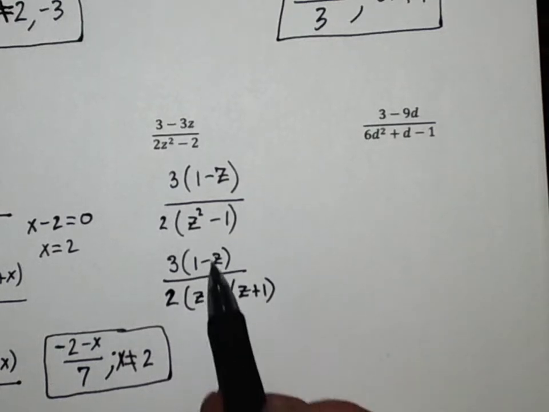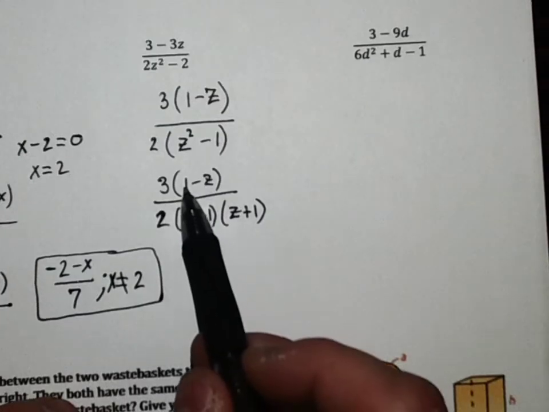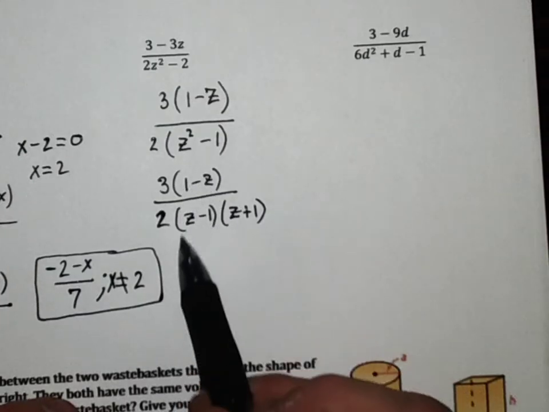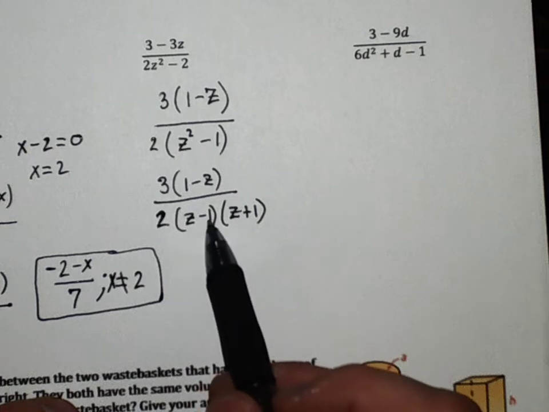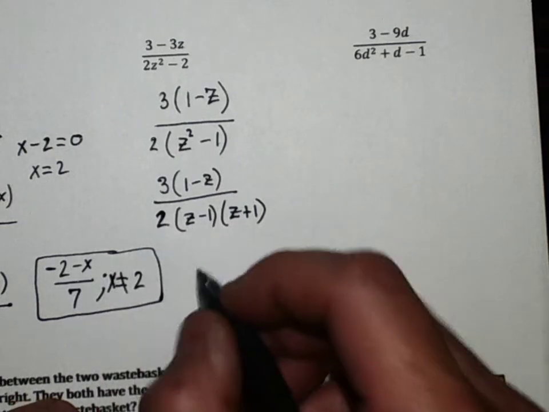Again, though, we are almost there. This is a positive 1 minus z. This is a positive z minus 1. How do we fix that? We do exactly what we did on the last problem. I take out a negative.